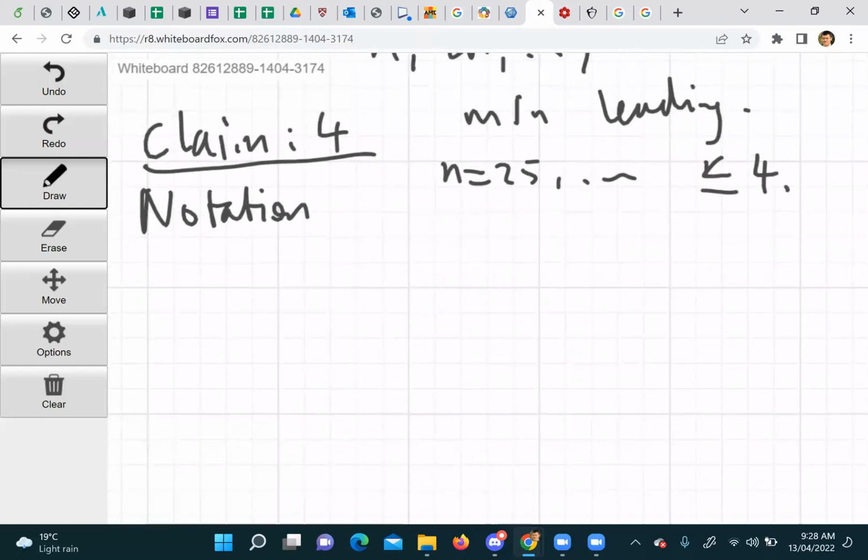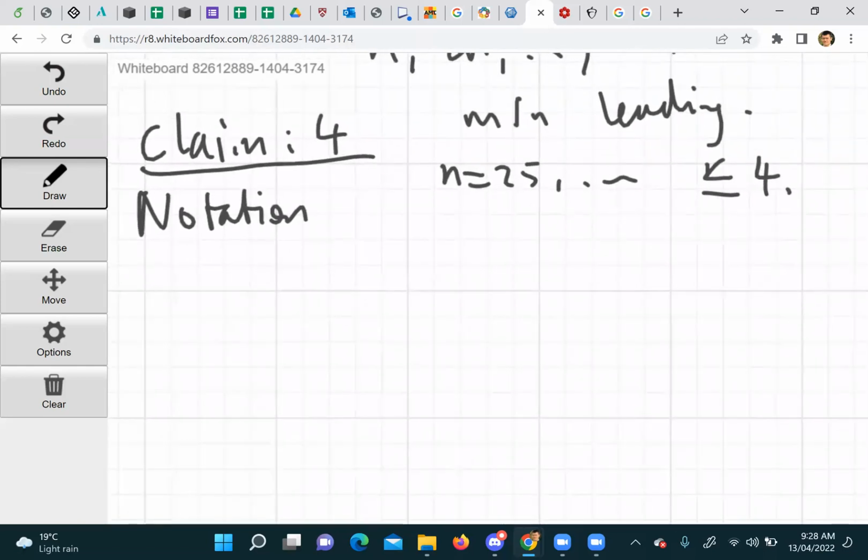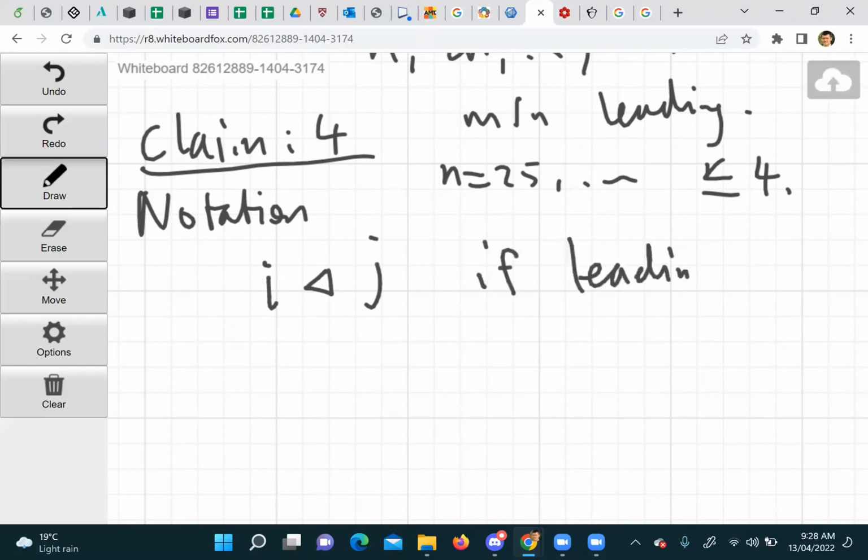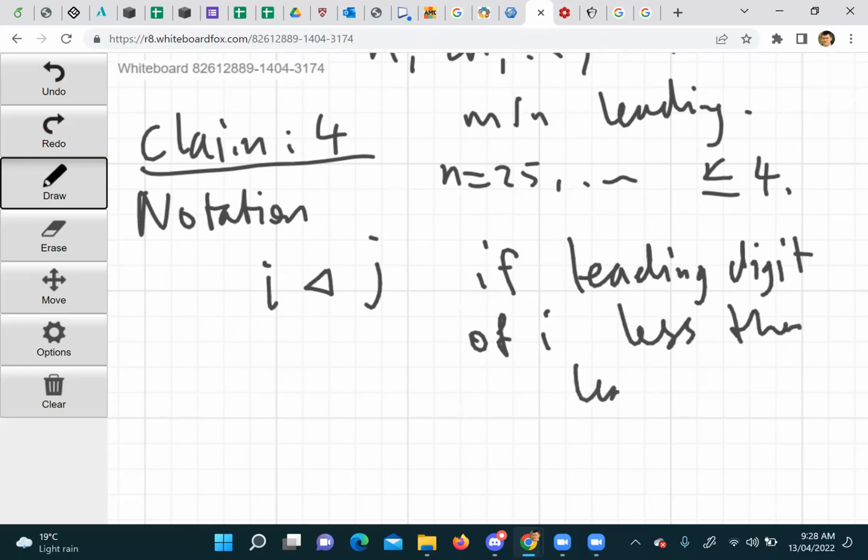Okay. Come up with some notation. Let's think of some letters here. N and capital N, or I and J. I is less than J if the leading digit of I is less than the leading digit of J, yeah?